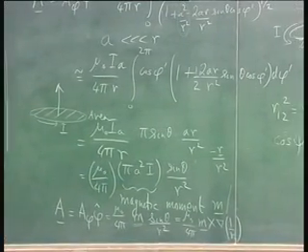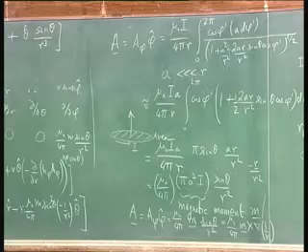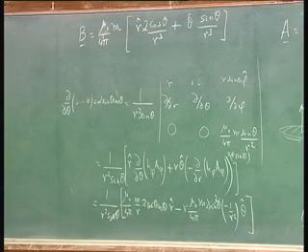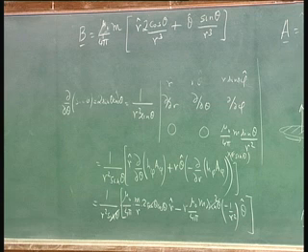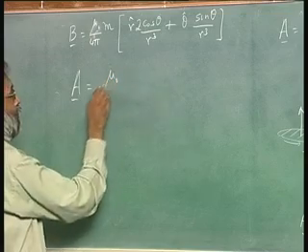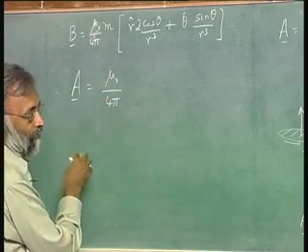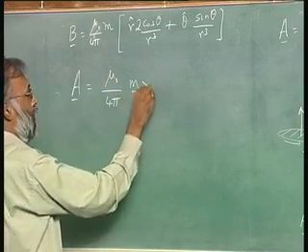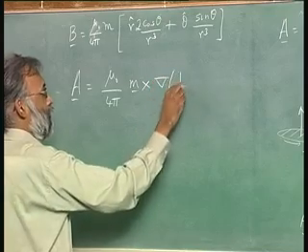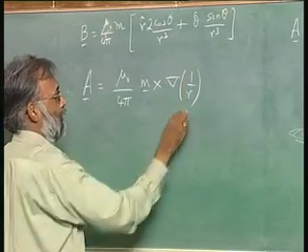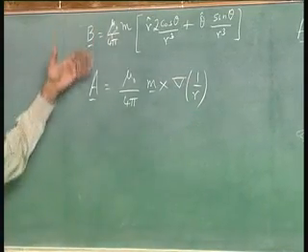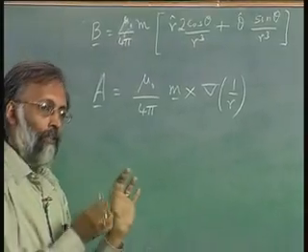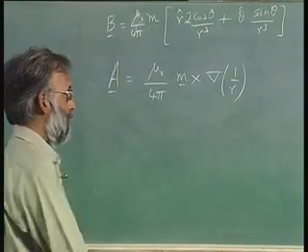What does this answer tell us? Let me write down the vector potential as well. These expressions are only for very tiny loops when you look at the field very far away.